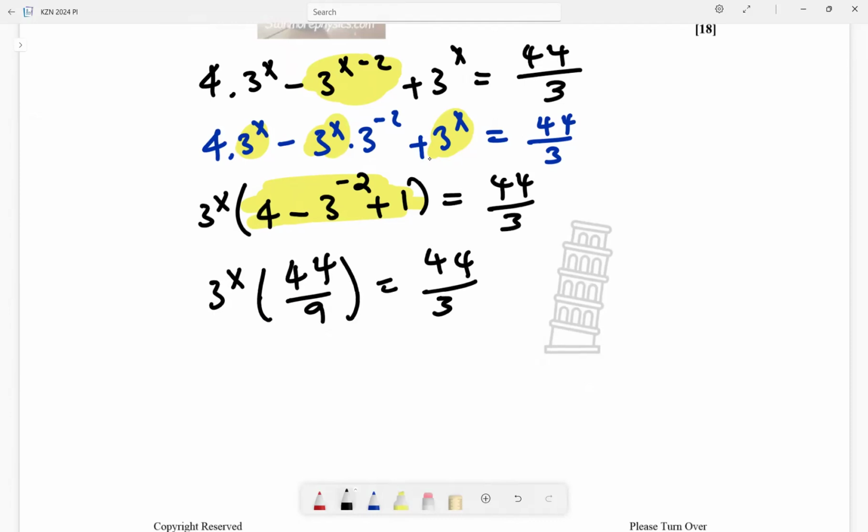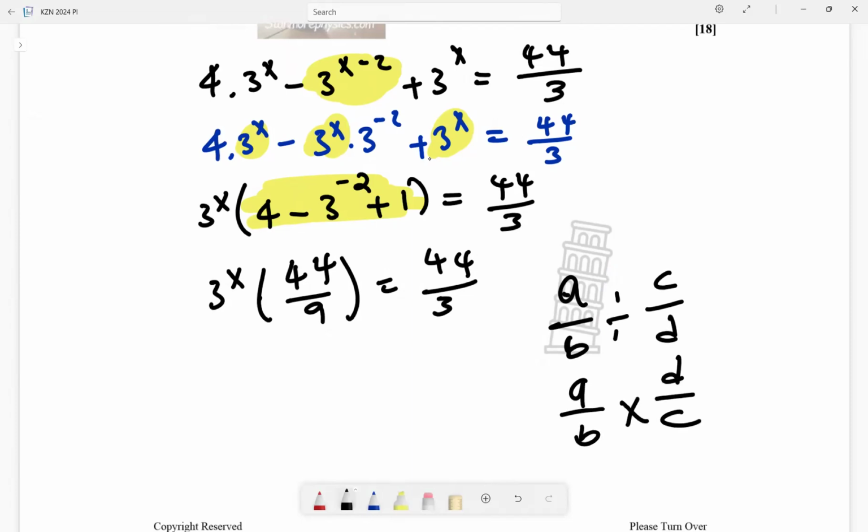I'm trying to be left with 3 to the power of x. Remember, if I have a divided by b divided by c divided by d, I can remove the division sign by multiplying by the reciprocal.